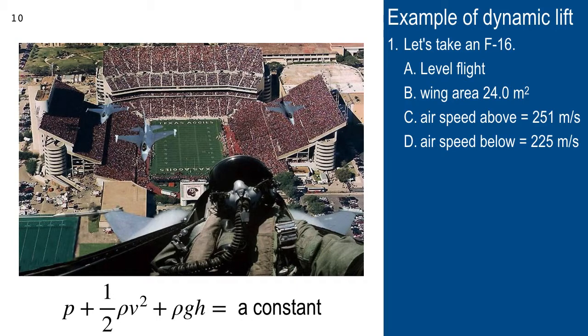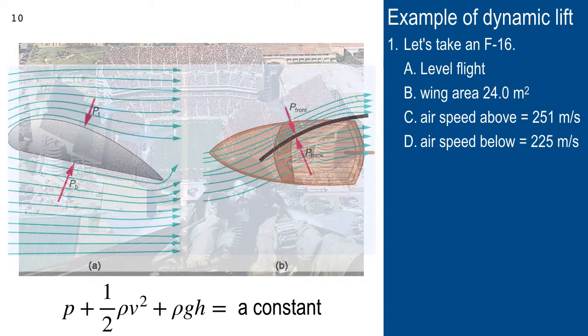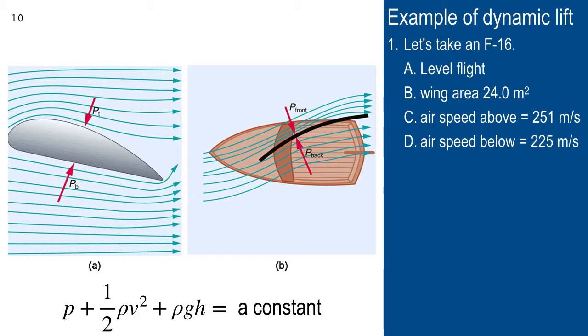But let's work with these numbers. 251 meters per second is about 500 miles per hour. 225 is about 4-something hundred miles per hour. So that's normal for an F-16. Definitely easy as a walk in the park for Mr. F-16. All right. Now here's a diagram from chapter 12, and actually this also shows a sailboat.